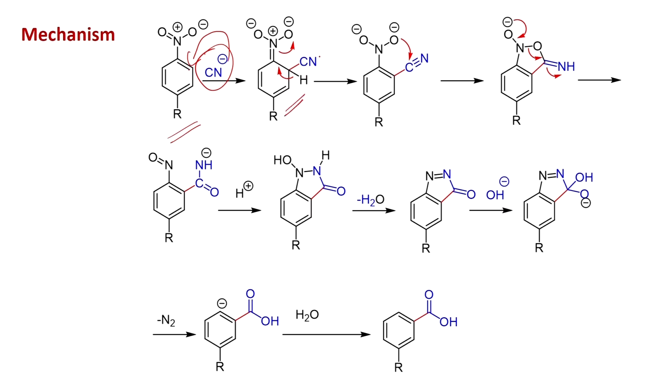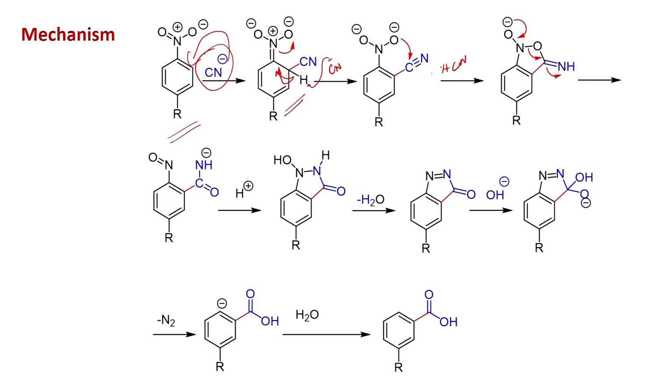Once you have this one, deprotonation of this can give this intermediate where you have the HCN.